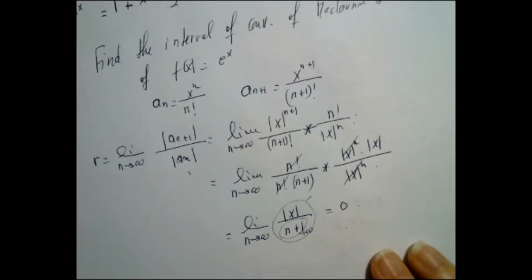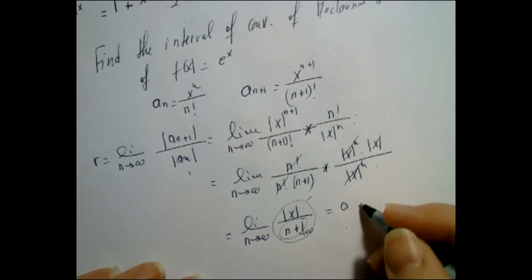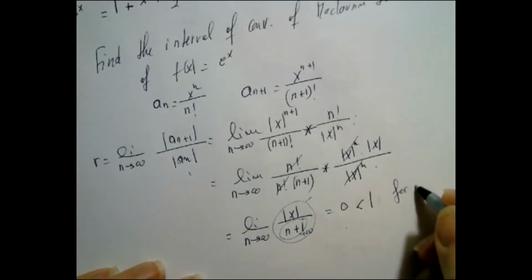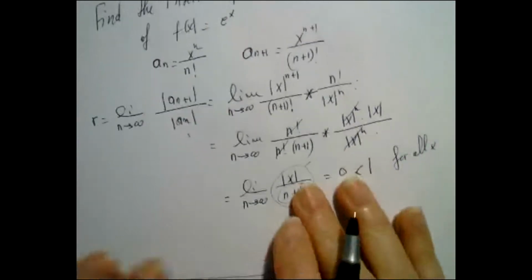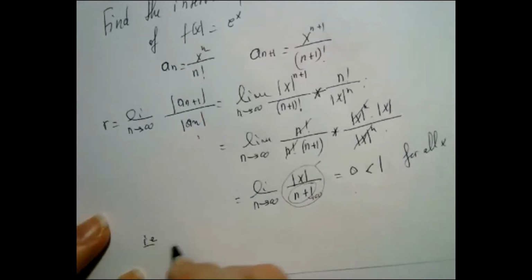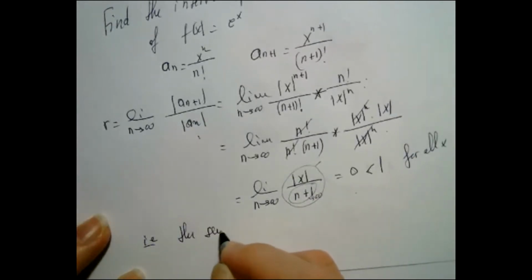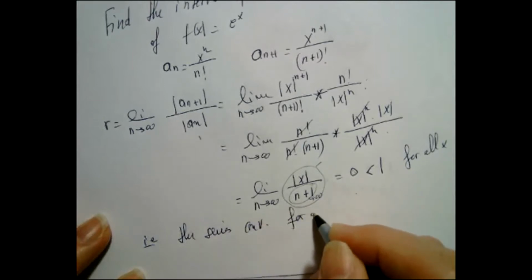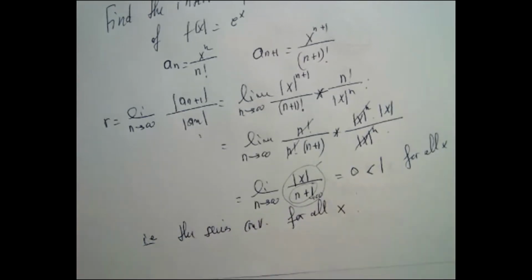It has an infinite interval of convergence. This is less than 1 for all x. It means that the series converges for all values of x.